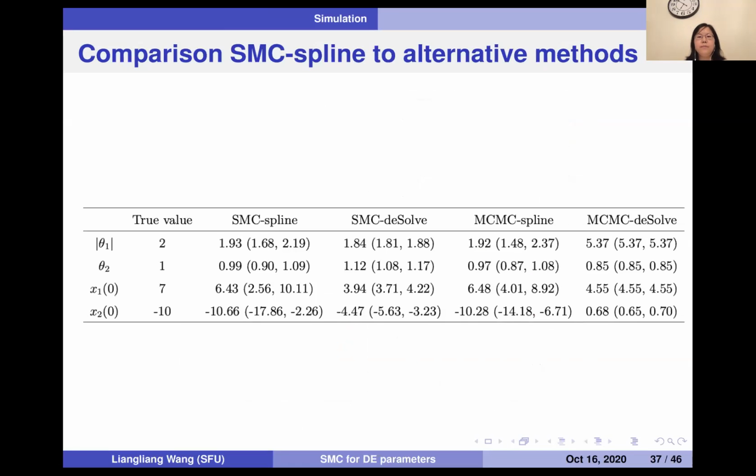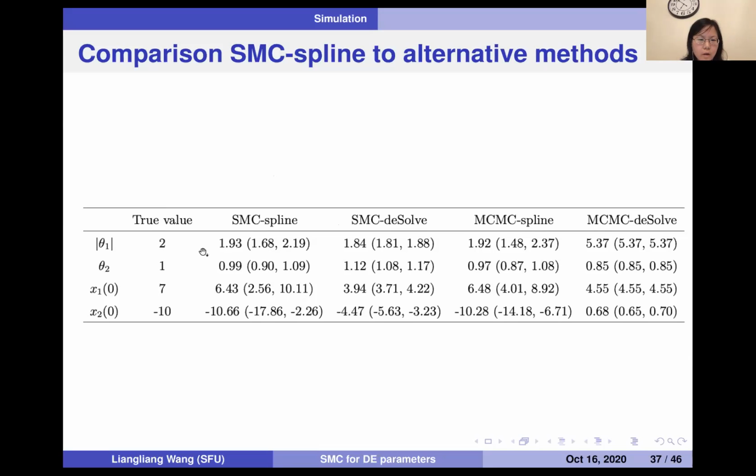So here is just a table that delivers the same message, but with some numbers. The first column are the true values, and the 4 columns after it are the estimates using the four methods.